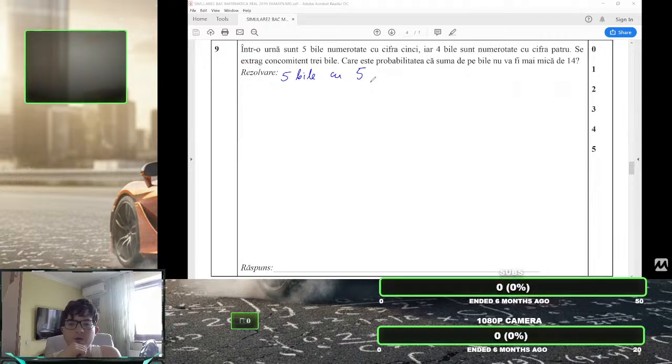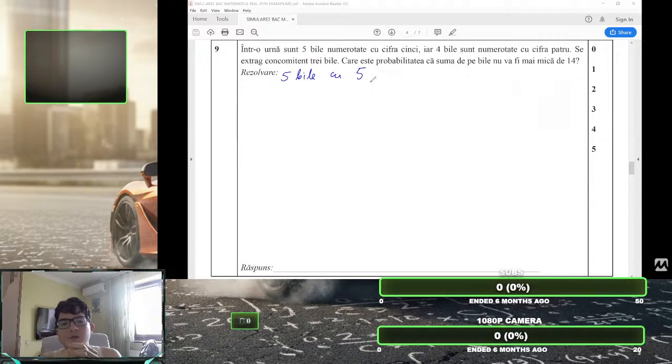And in terms of favorable cases, you just write 3 circles, and then it can either be 2, 5. So there's a 5 ball and a 4 ball. So it can either be 2 5s.